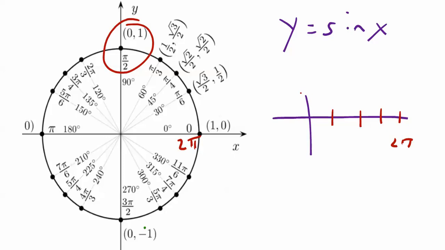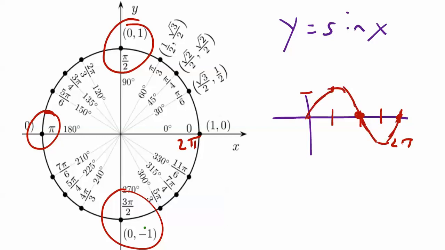At pi over 2, we're up at 1. At pi, we're at 0. At 3 pi over 2, we're at -1. And at 2 pi, we're back to 0, and it started at 0. So you get a graph that looks like this.